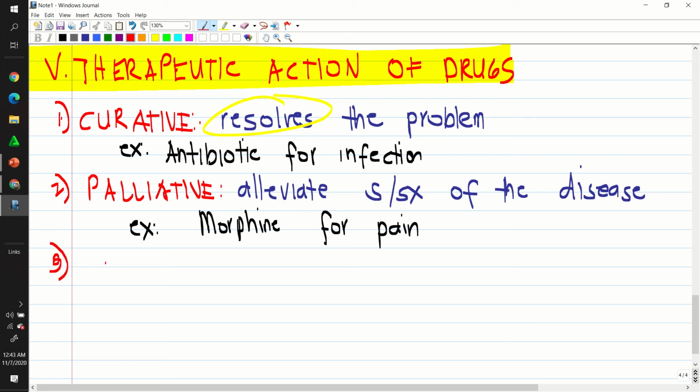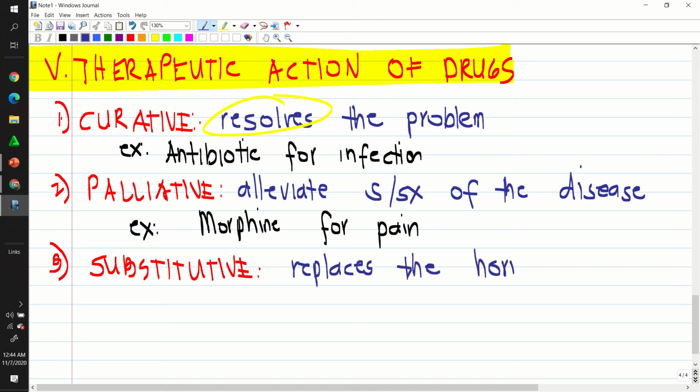Number 3, therapeutic effects: substitutive. Palliative, curative, substitutive. What is your substitutive? It will replace the hormone or the missing enzyme. Curative, it will resolve the problem.